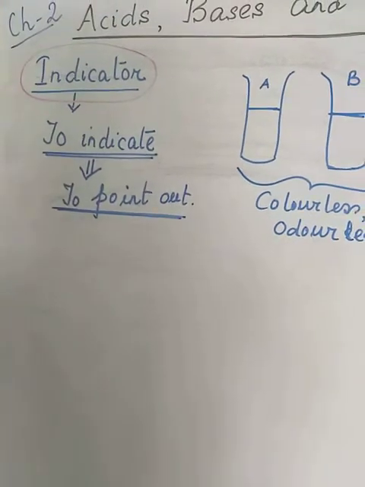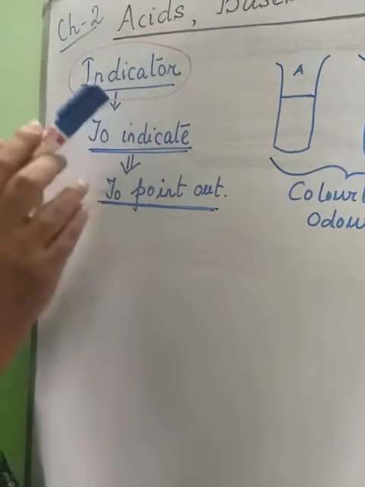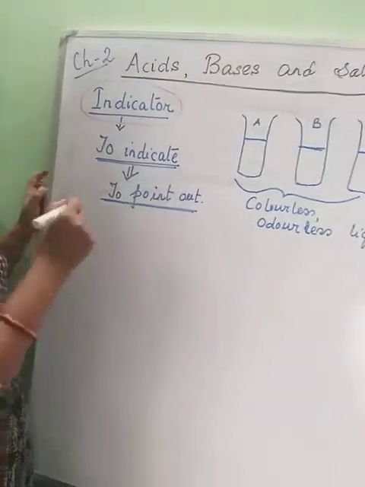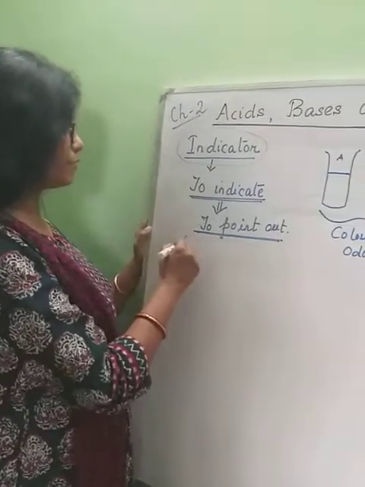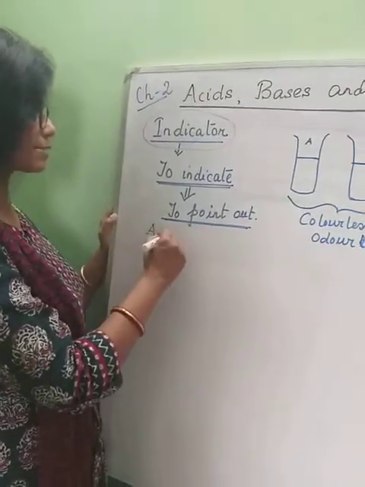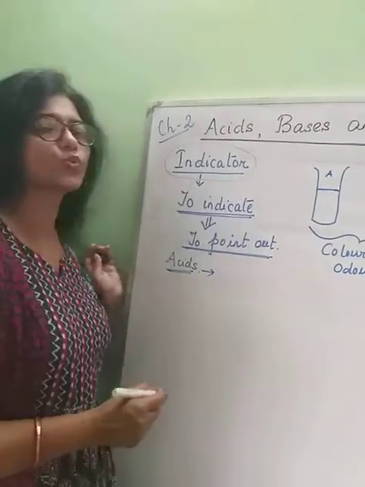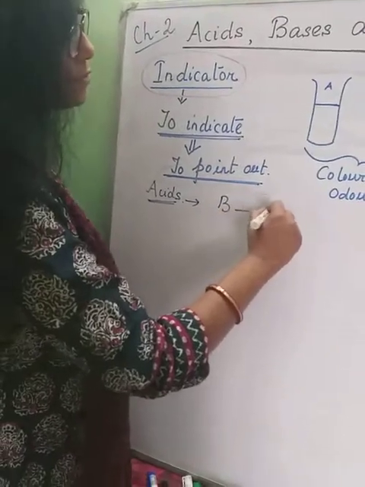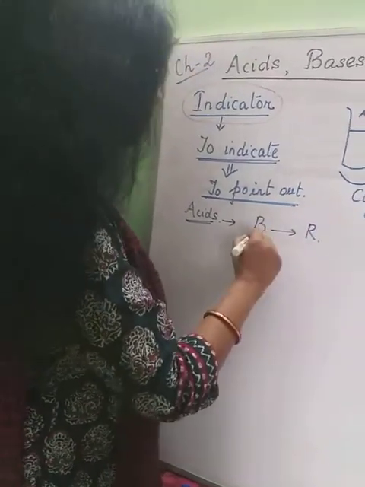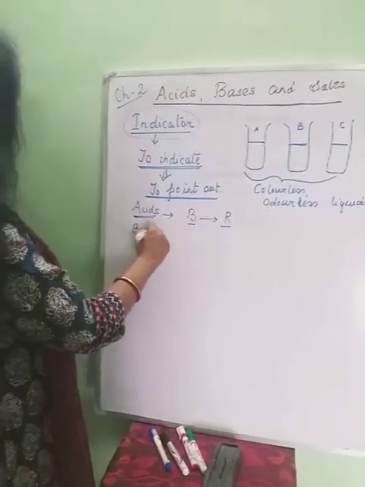Most probably from class 7 onwards you are studying what are acids, bases and salts, and there it has become a practiced one only. Whenever we are talking regarding acids, you all will tell that acid is a substance which turns blue litmus red, and base is a substance that turns red litmus blue.